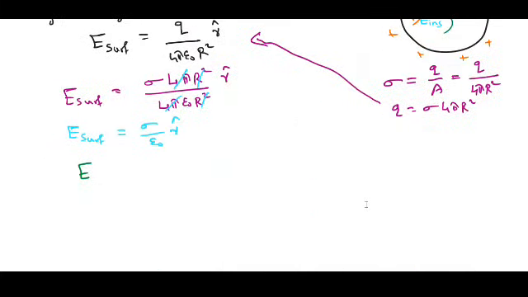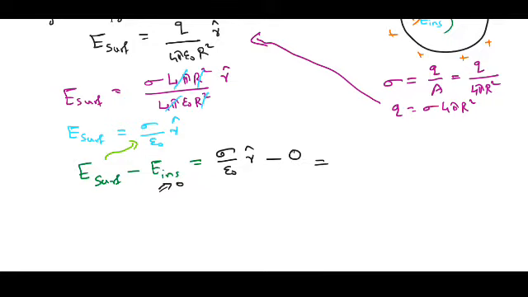Fine. That is E surface minus E inside. What is the value of E surface that we have here? Substitute that value: sigma divided by epsilon 0 r cap minus E inside. Just now we have seen that this value is 0, so that is sigma divided by epsilon 0 r cap.